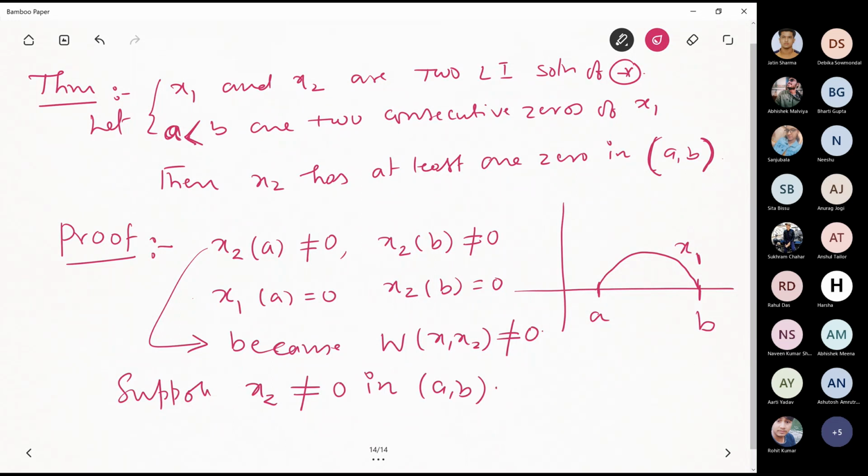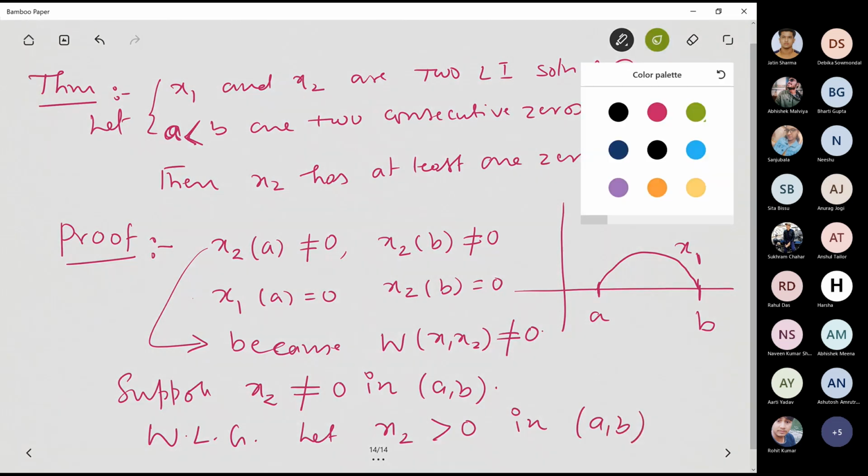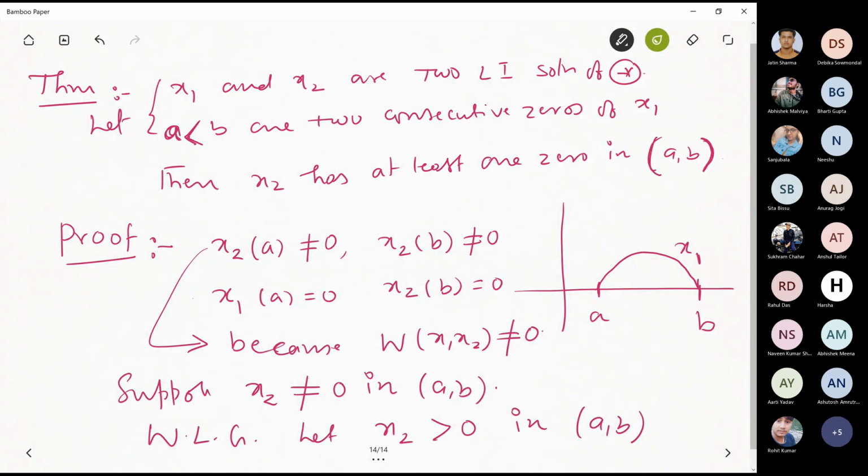Without loss of generality, we assume that it is positive.